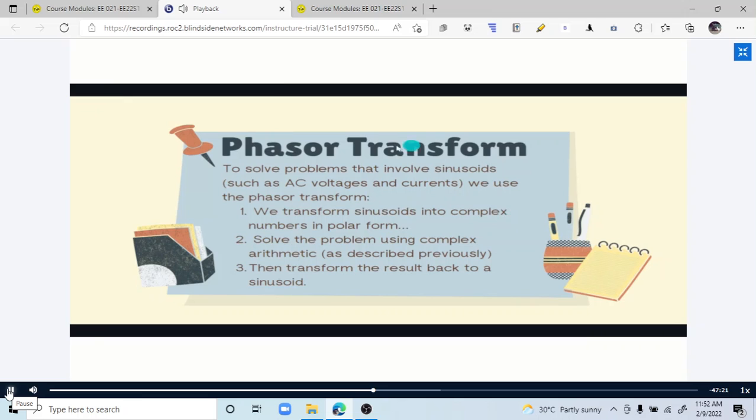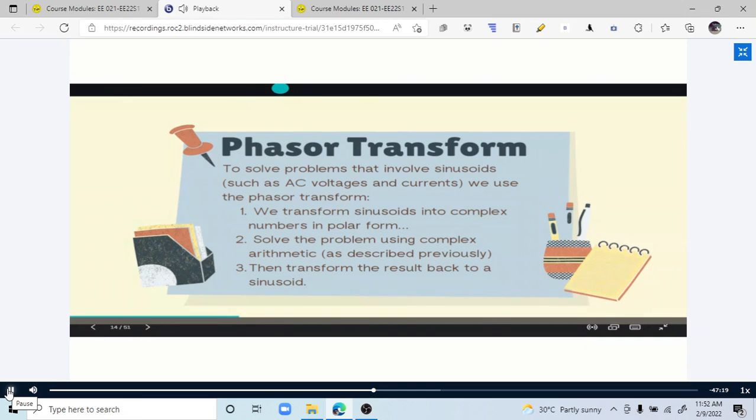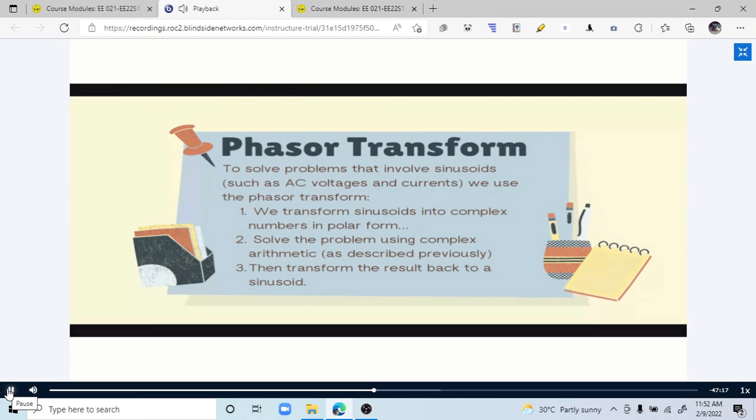So we have what we call the phasor transform. Why do we use this phasor transform? To solve problems that involve sinusoids such as AC voltages and currents, we use the phasor transform. Number 1, we transform sinusoids into complex numbers in polar form. Sinusoids are represented by differential equations.